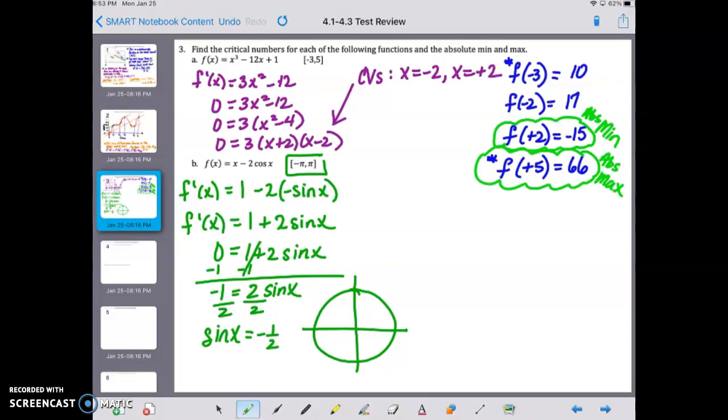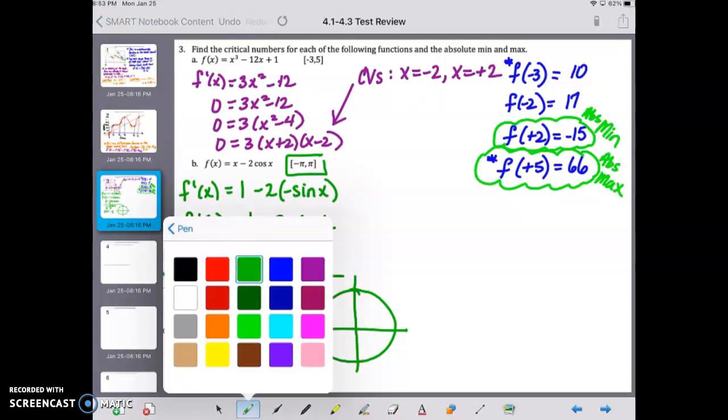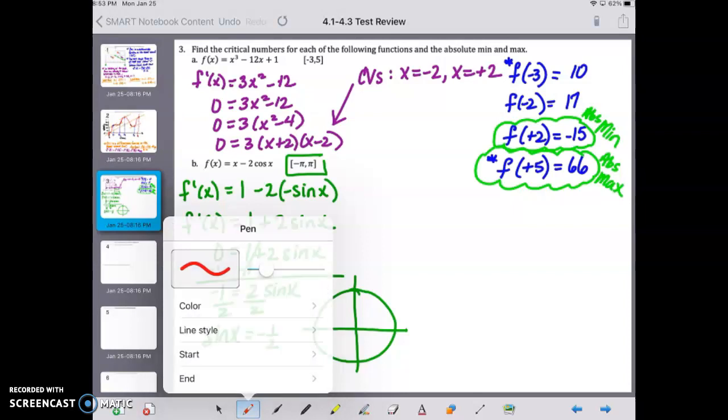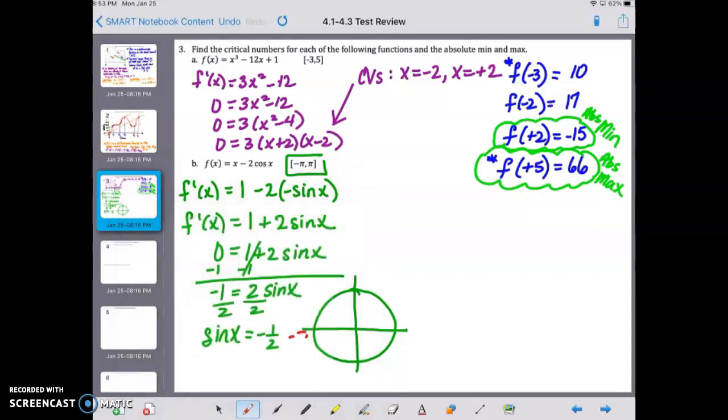So basically, one trip around the unit circle, but starting here at negative pi, and then going all the way around to positive pi, right? So that's the interval that I'm looking at. So where on that interval is the y value of any given ordered pair negative 1/2? Well, keep in mind, my y values are negative in quadrants 3 and 4.